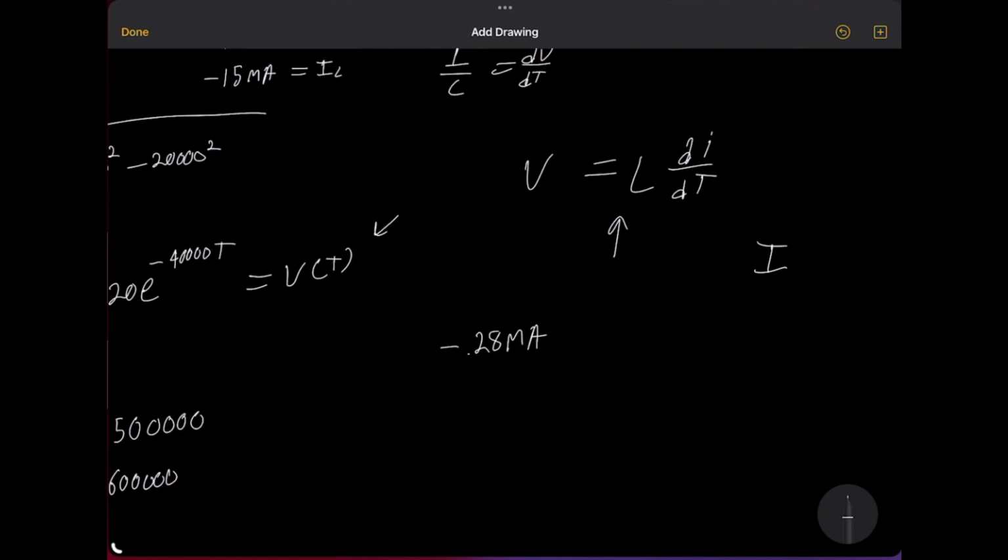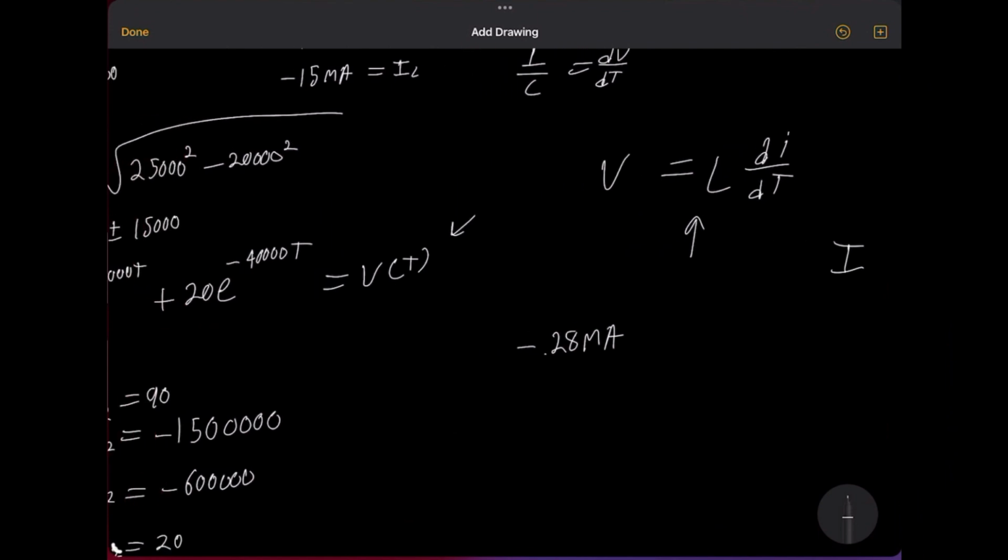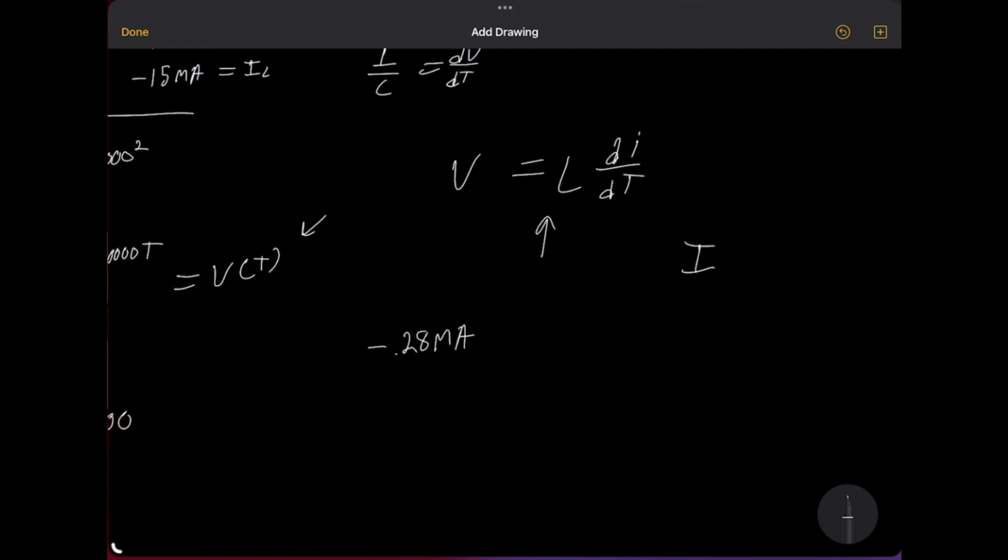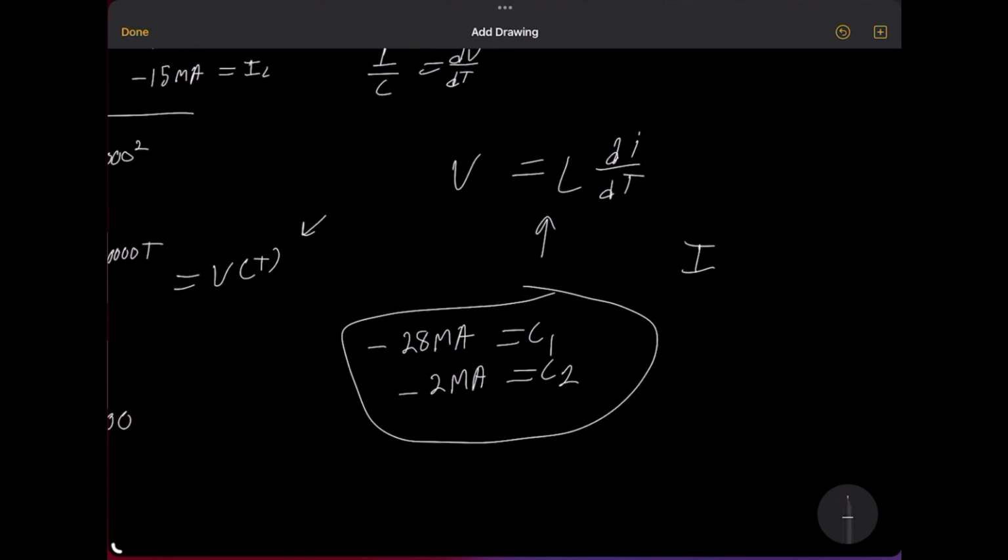And you just do the same thing for the other. So 20 divided by 0.25 divided by negative 40,000 gives us negative 2 milliamps. And there's no decimal here. So this is for the inductor, and that's how you relate the two.